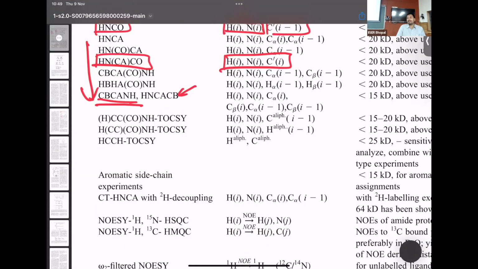The HNCACB experiment correlates the amide proton and nitrogen to not just the C alpha and C beta of the ith residue. It also correlates with the I-1. So now you're adding C beta into the mix. And remember, not all residues have a C beta. For instance, glycine does not have one.